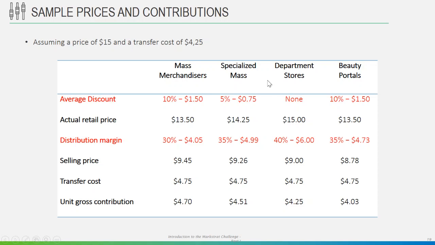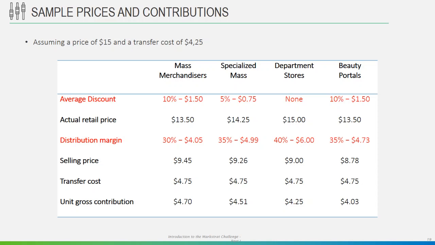Okay, so I mentioned margins and I mentioned discounts. We have 4 different channels we already talked about. Know that mass merchandisers and beauty portals take a 10% discount off of the MSRP, and that's the price they charge to consumers. The specialized mass retailers, they take a 5% discount off the MSRP. Department stores take no discount off.